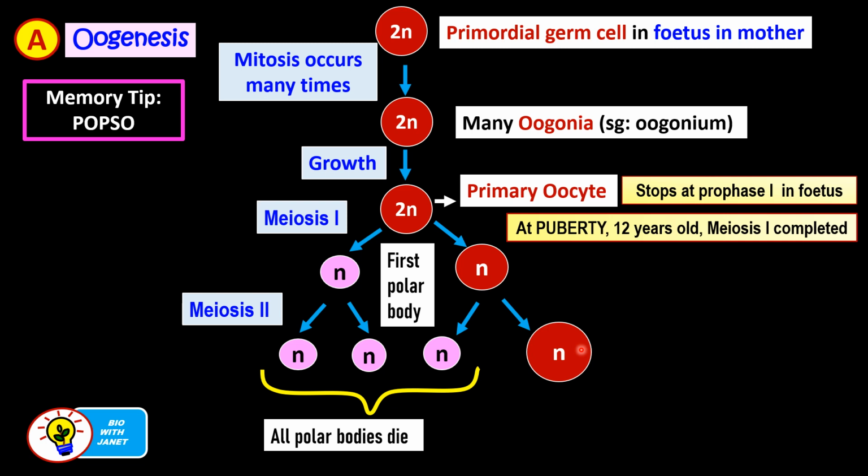From birth until before puberty, that means for about 12 years, the primary oocyte remains in this condition, waiting for puberty to occur. When the girl attains puberty, the process of meiosis 1 continues.